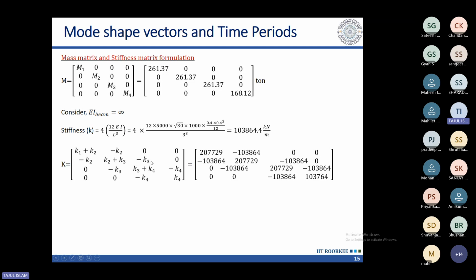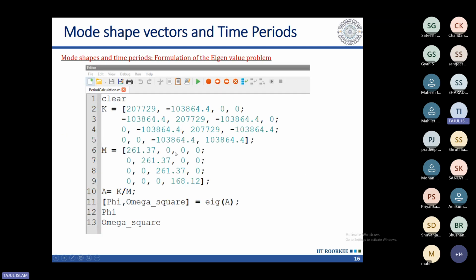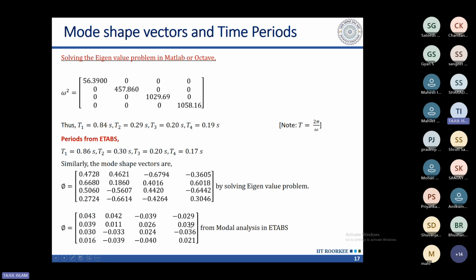And once you get the mass matrix and stiffness matrix, then apply the same rule, whatever we have done here, and you will get the frequency and mode shape parameters. So this is what you have to do in case of an actual structure. Okay. So I guess this much was clear: what is the actual meaning of mode shapes, what is the meaning of time periods, what is the importance of those parameters, and how to get these using manual calculations.